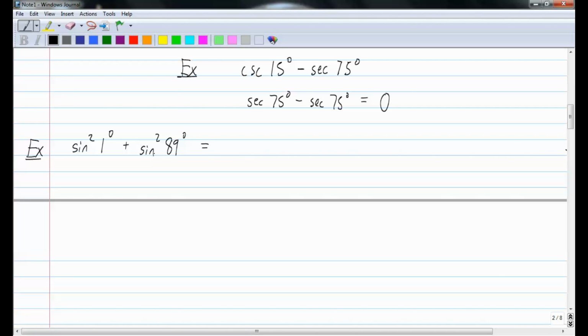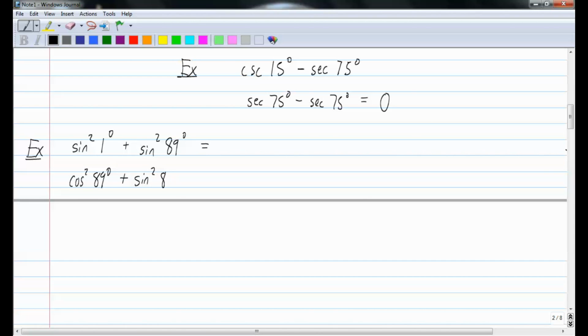Change that second one to sine squared. So let's say I have sine squared of 1 degree plus sine squared of 89 degrees. Then I can change either one of those over to its cofunction. I'll just choose the first one. Sine squared of 1 degree is the same thing as cosine squared of 89 degrees.